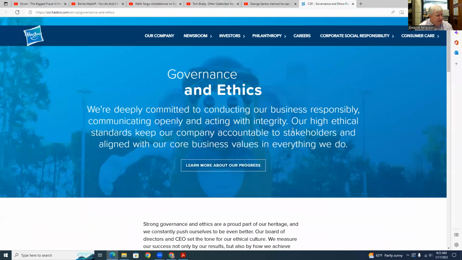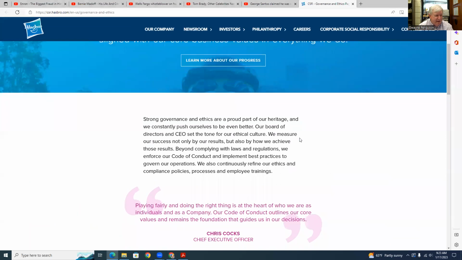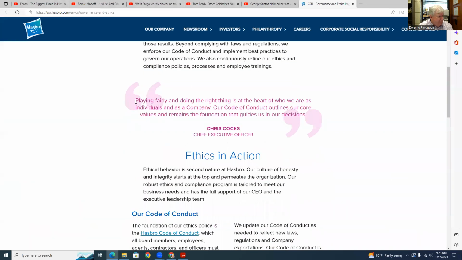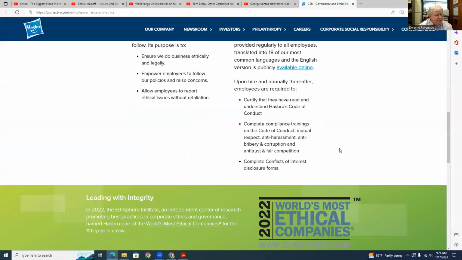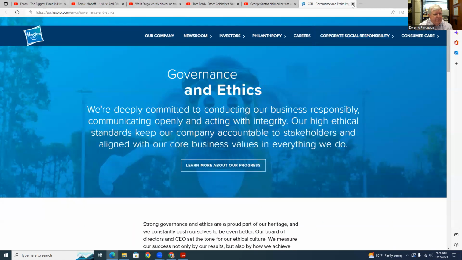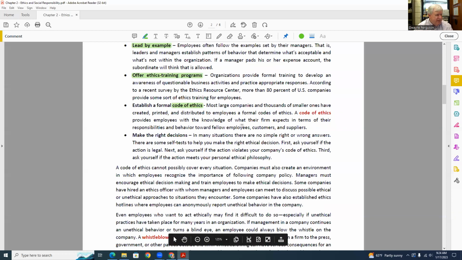They have governance and ethics, and of course, if you're Hasbro, you're talking about games. So playing fairly, doing the right thing, that's going to be in their code of ethics all the way through. So anyway, lots of examples of this out there that you could look at. Codes of ethics, all companies, big companies have them.